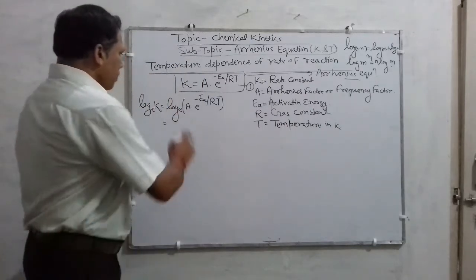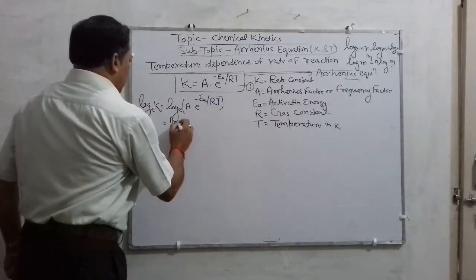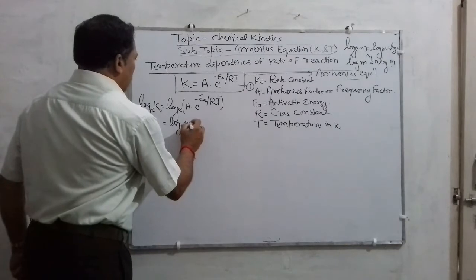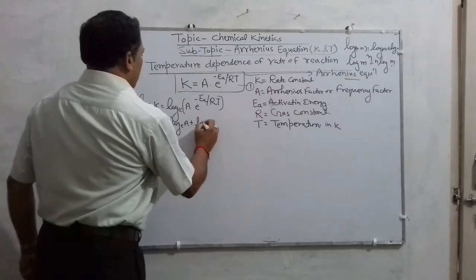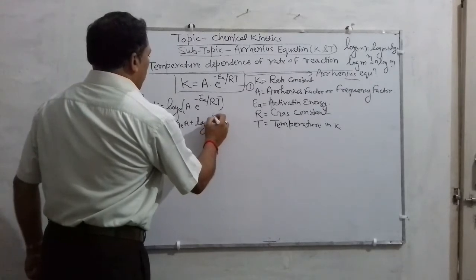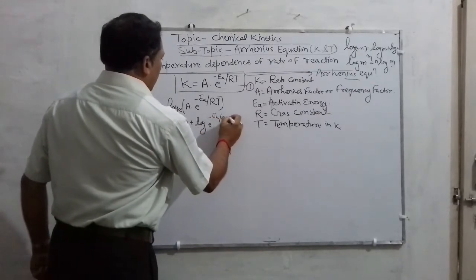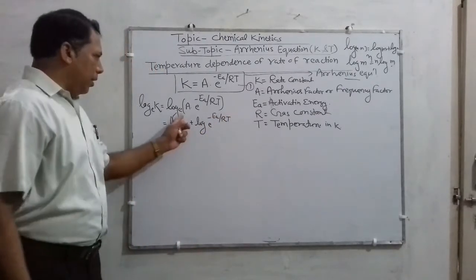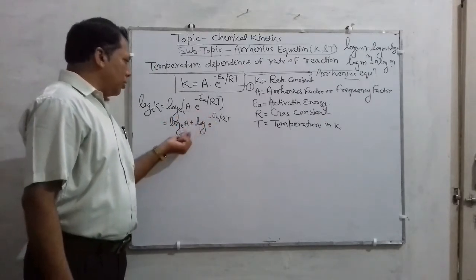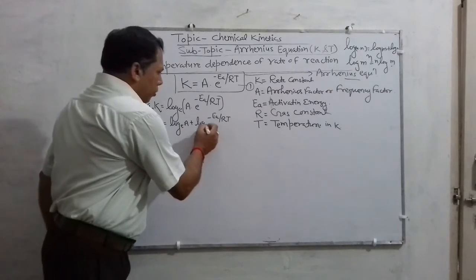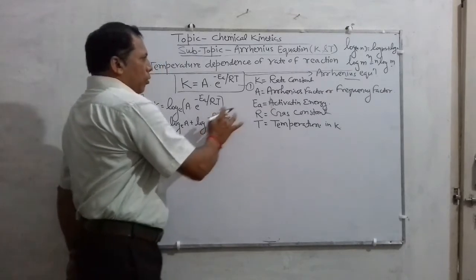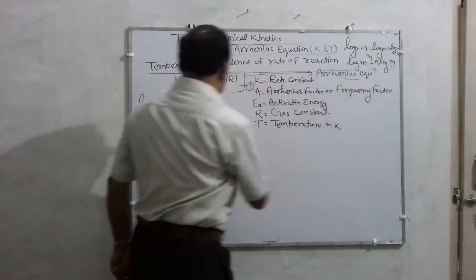So this may be written as log A plus log e^(-Ea/RT). Log m into n changes into log m plus log n, and as you know, log m to the power n is n log m.